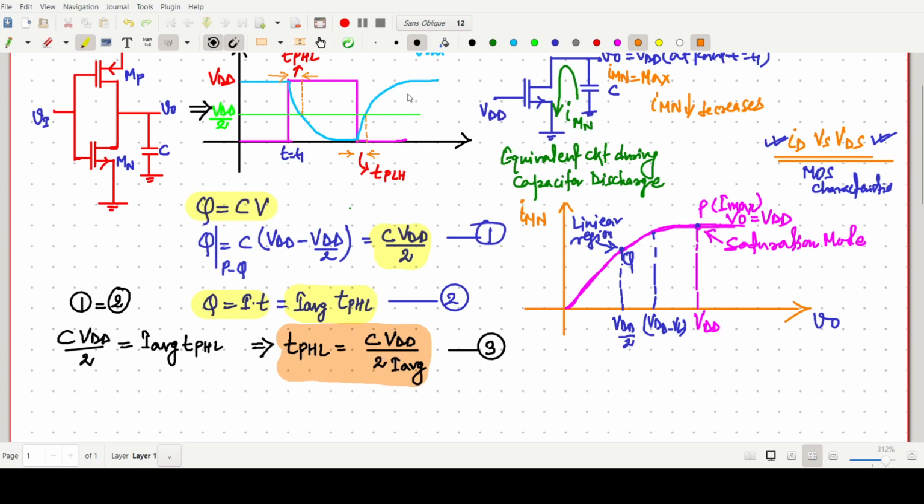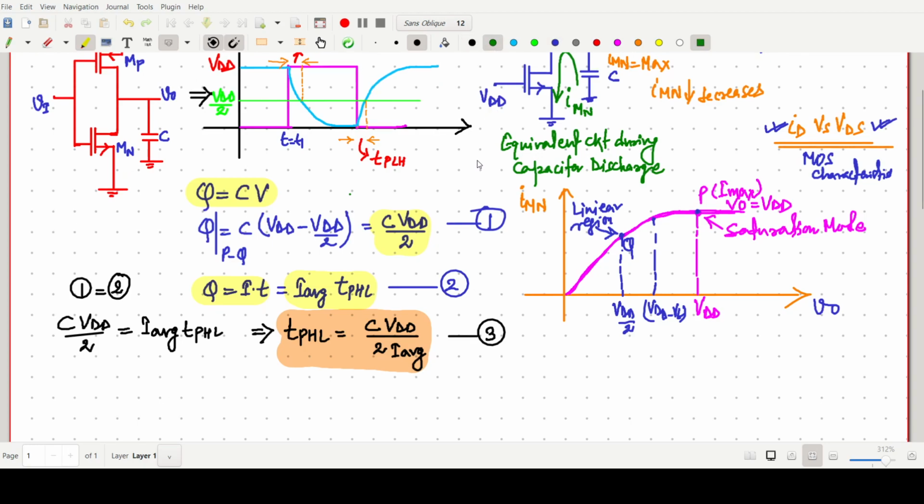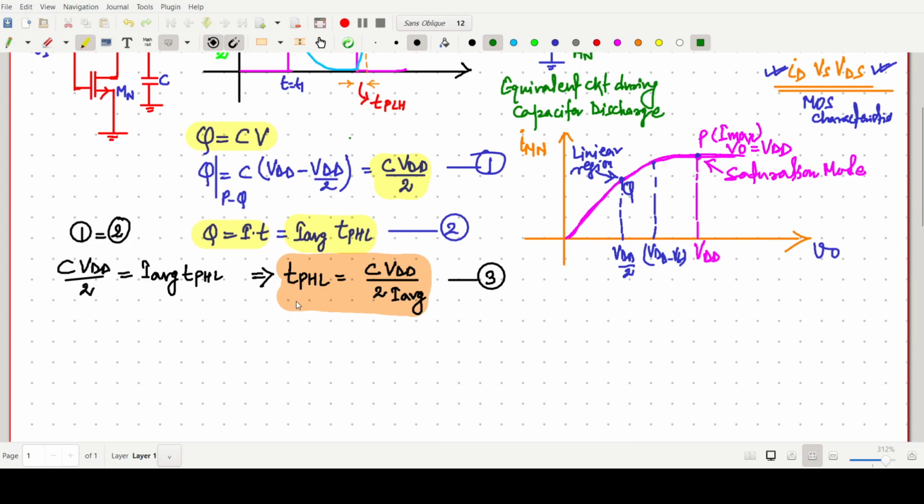Now in the headline I have written that we have to find the propagation delay estimation using average current. So that average current we have to find. This is very simple, but we have to practice. C is known to us, VDD is known to us too. So the missing term is I average.